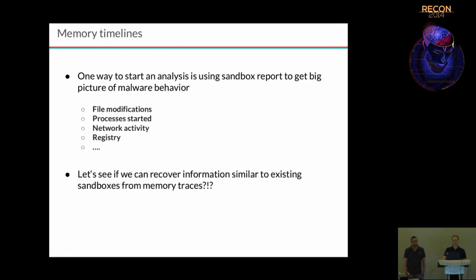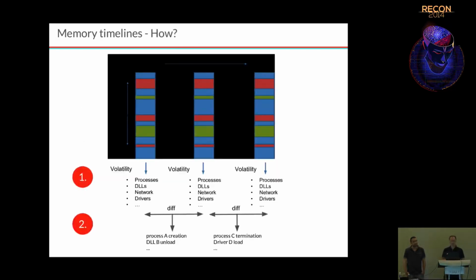The sandbox reports often give you an overview of what's going on, and you get kind of the big picture. Okay. And just out of curiosity, we are wondering if we can reproduce a sandbox-like report from a memory trace. And that actually is pretty easy to do. And this slide shows how we do it.